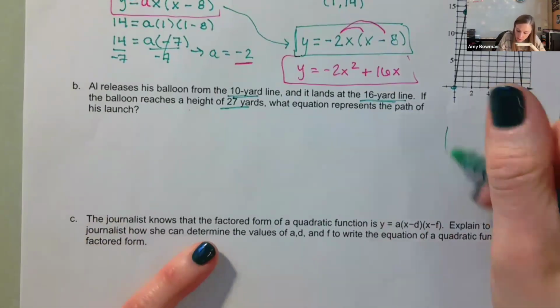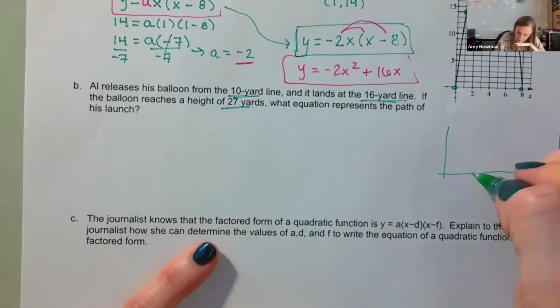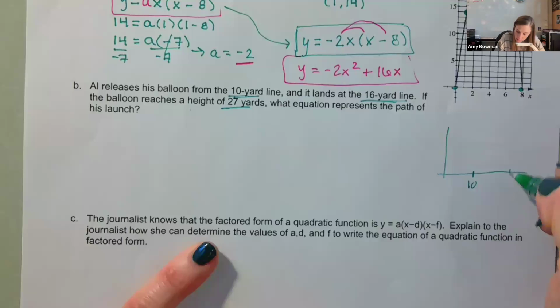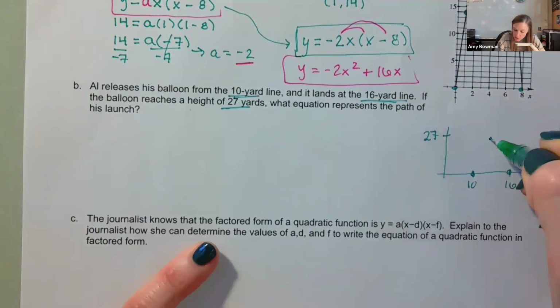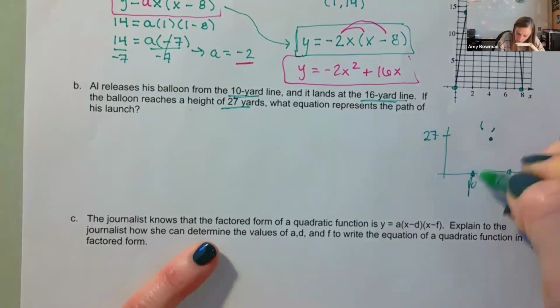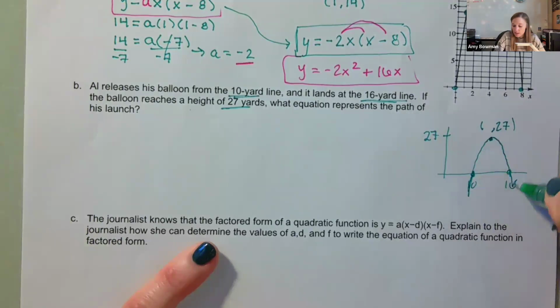He launched it at the 10. So let's say 10 is here, 16 is here, and it reached a height of 27. So that means the vertex is up here at a y value of 27, and the parabola looks like this.